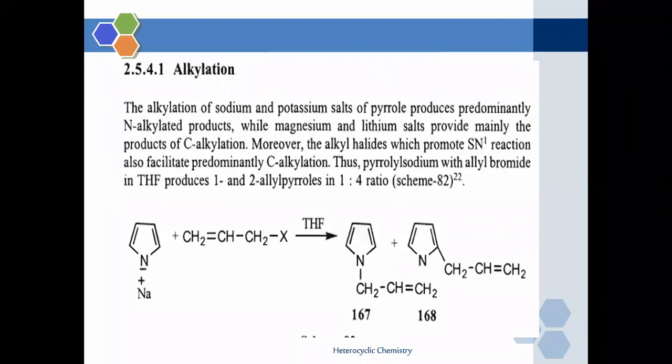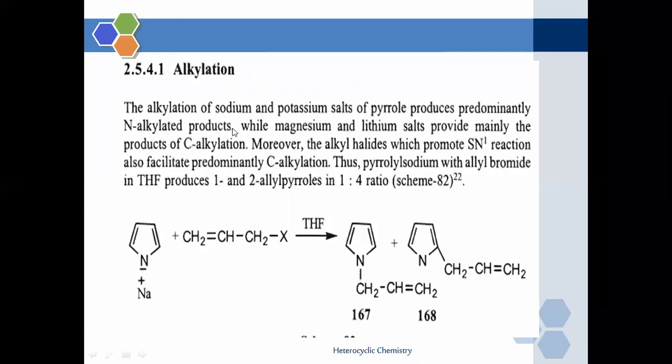Now the next reaction is alkylation of the pyrrole molecule. Because of the high reactivity of the pyrrole ring towards the alkylation reaction, pyrrole easily undergoes alkylation in the presence of sodium, potassium salts of pyrrole, which will produce predominantly N-alkylated products.